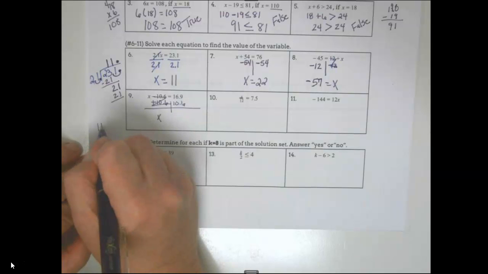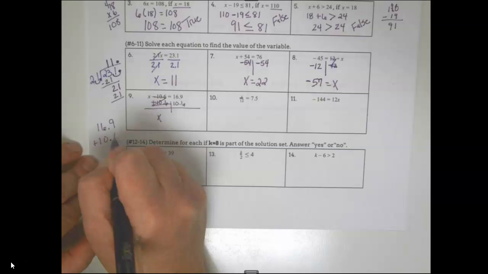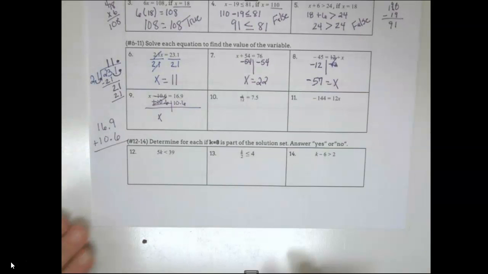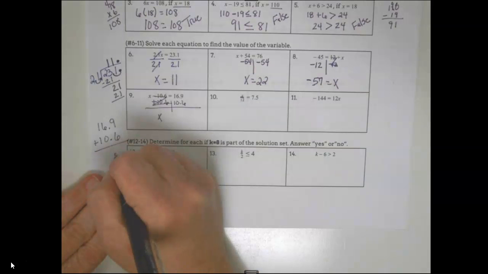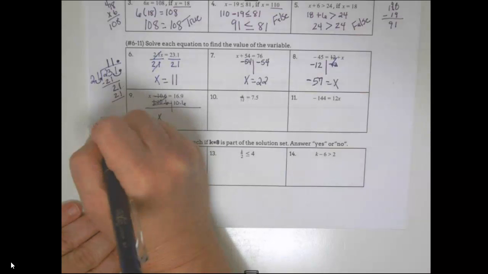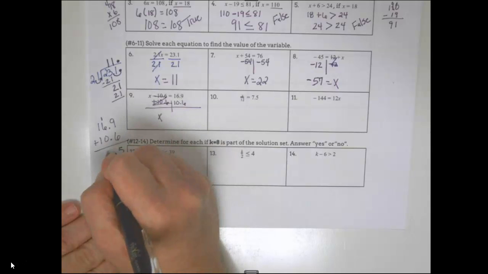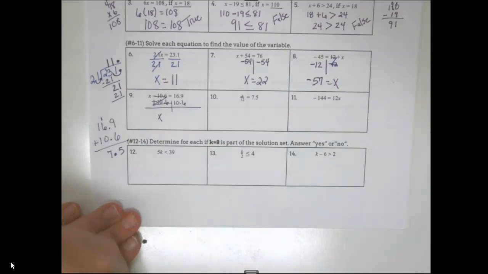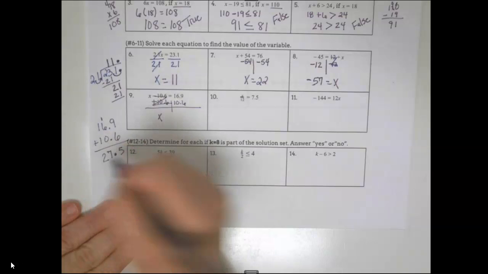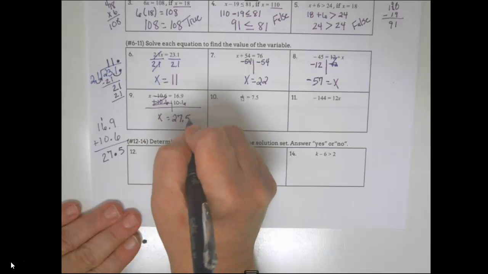So 16.9 plus 10.6. Bring my decimal straight down. 9 plus 6 is 15. 1 plus 6 plus 0 is 7. 1 plus 1 is 2. So I get 27.5.